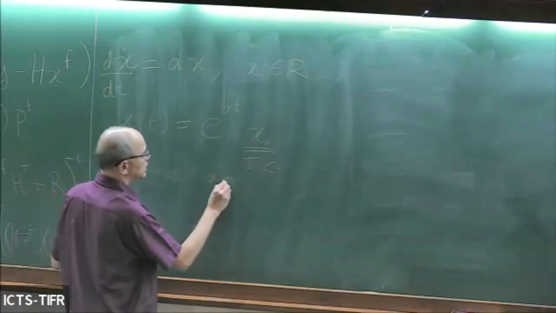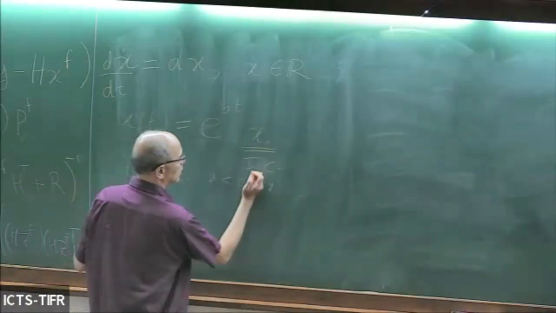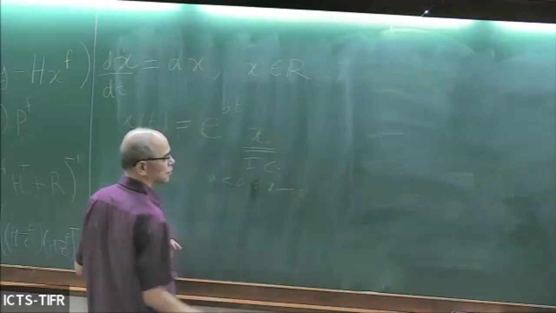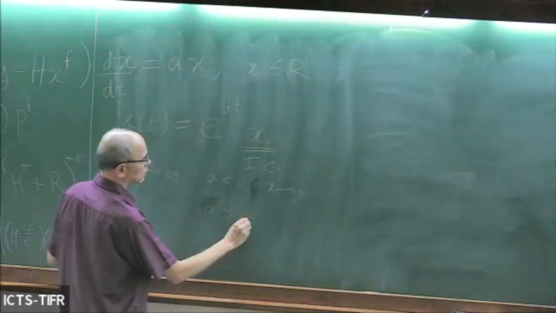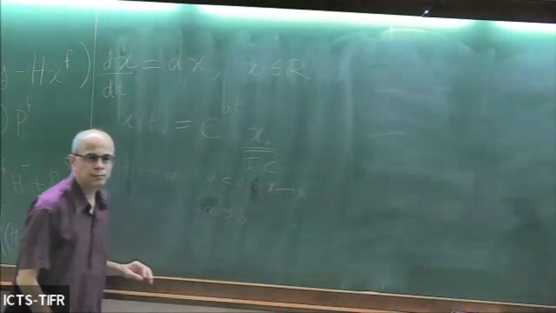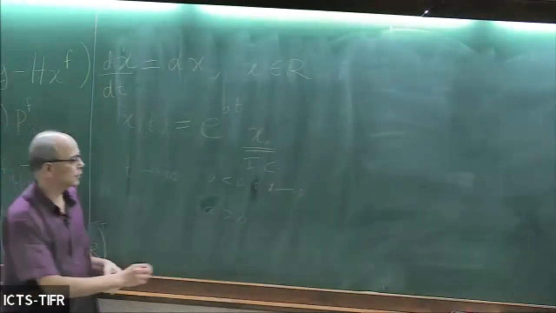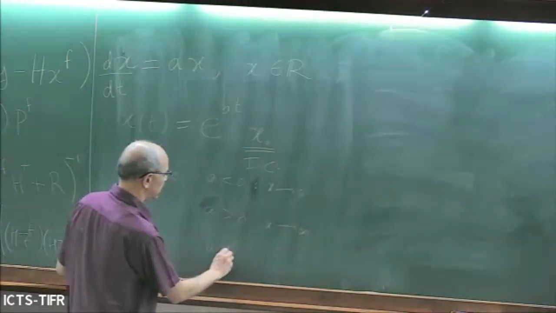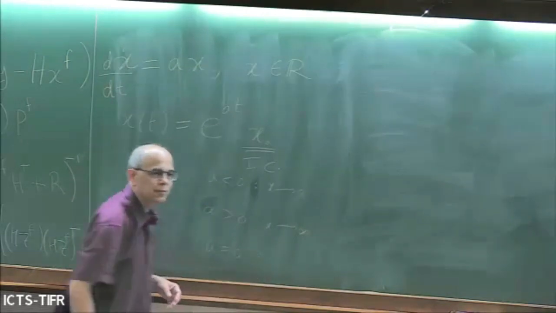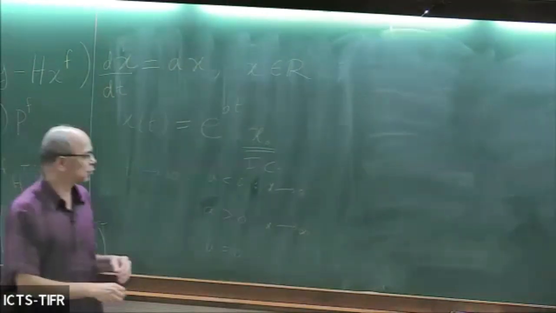If A is negative, then x goes to 0. If A is positive, x goes to infinity. If A is equal to 0, it is just constant.